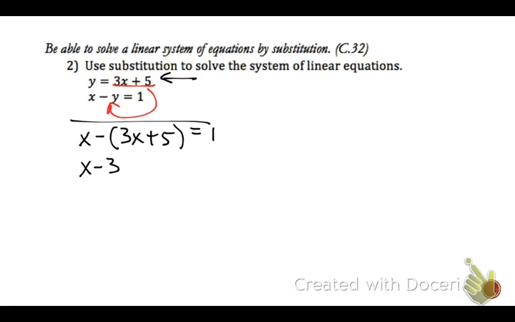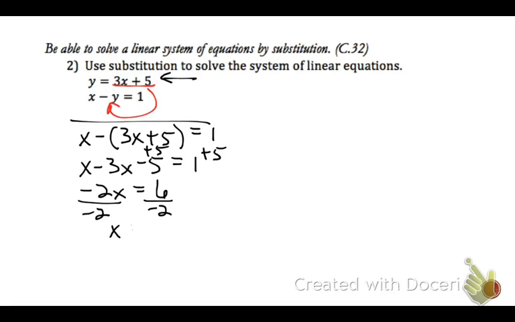Then I just go ahead and solve by distributing that -1, combining my like terms, and solving for x. So the x value of my solution is -3.